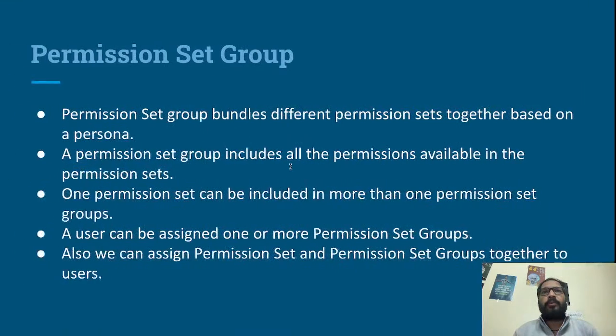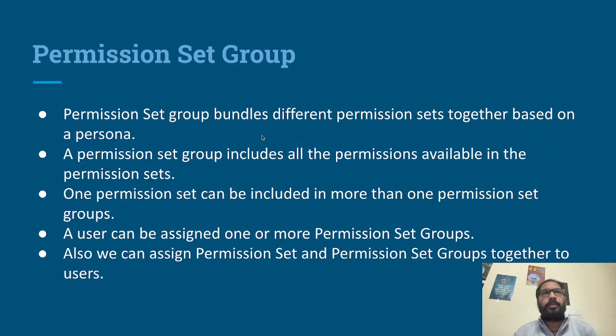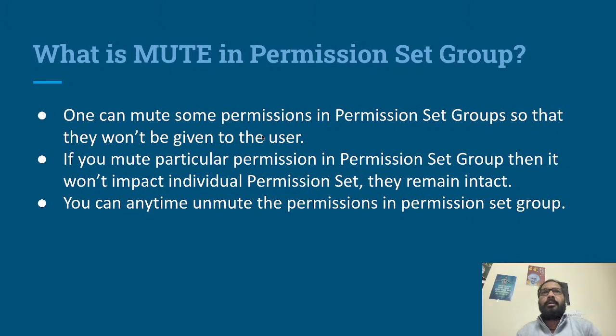Now, there is one more feature available with permission set groups, which is muting permissions in a permission set group. For example, we created two permission sets, the demo one permission set and the demo two permission set, right? Both are part of the permission set group. Now, through the permission set group, you don't want to give delete permission to the users.